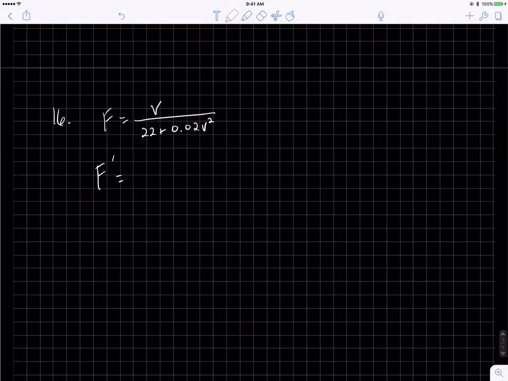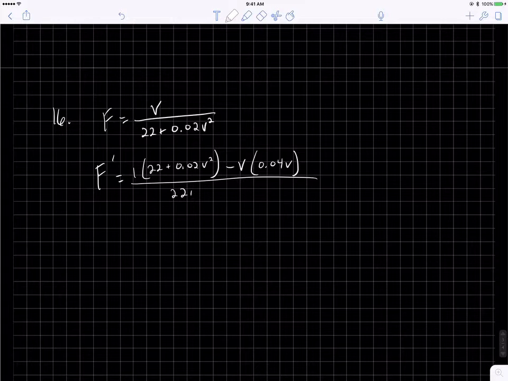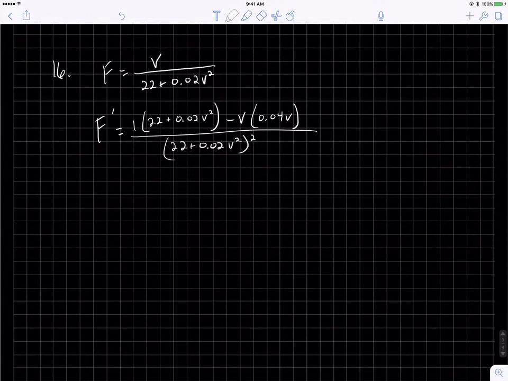So f prime is 1 times g, which is 22 plus 0.02 v squared, minus f times g prime, which is 0.04 v, all over g squared.